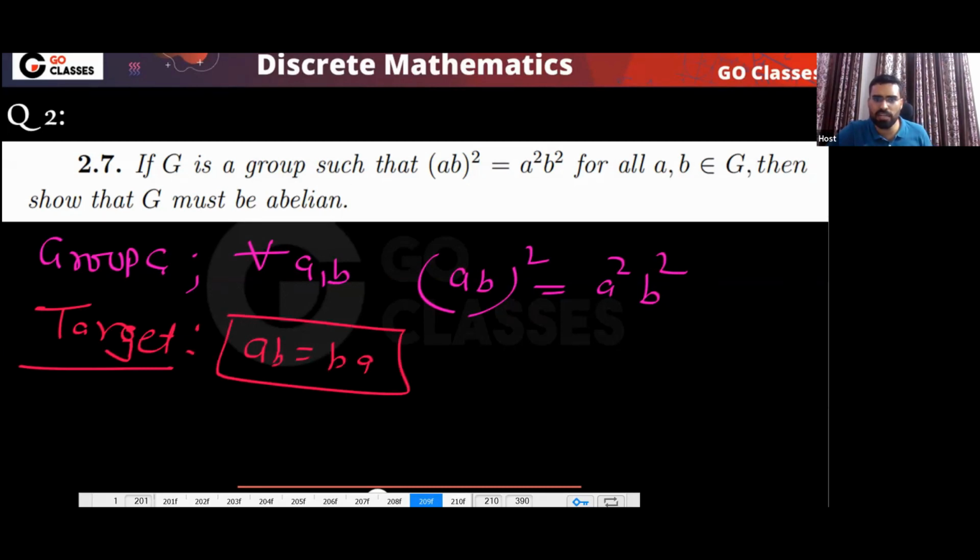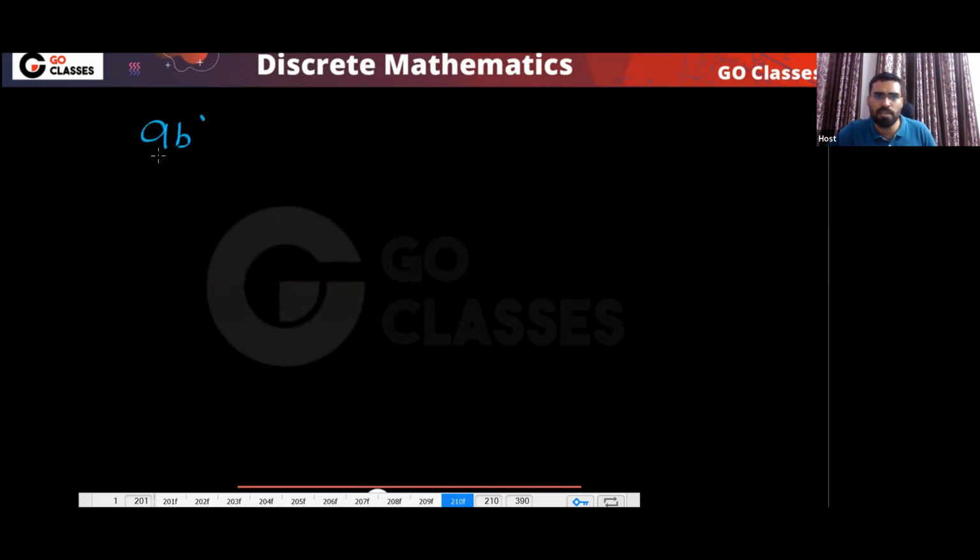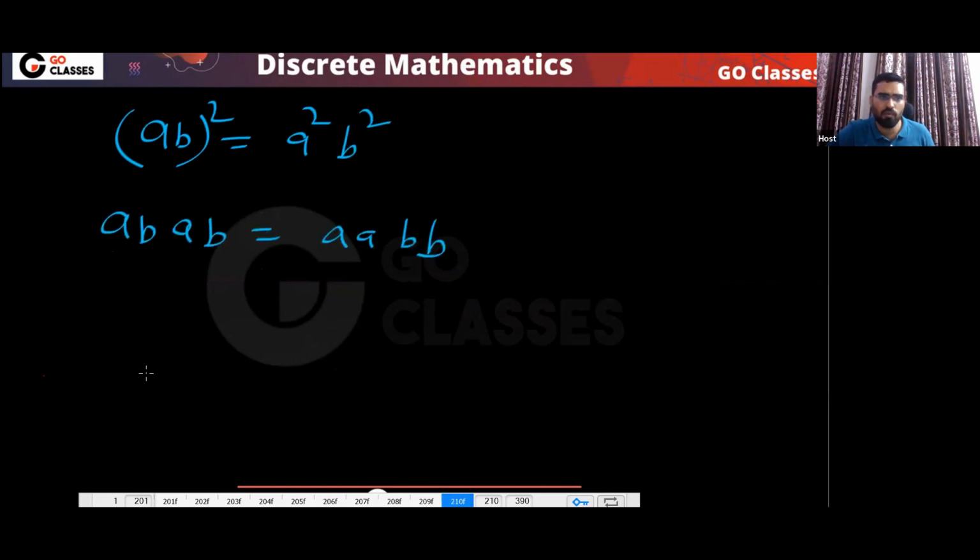Yes, very easily you can achieve this, because (AB) square equal to A square B square means ABAB is equal to AABB. Now multiply by A inverse on the left, and on the right multiply by B inverse.